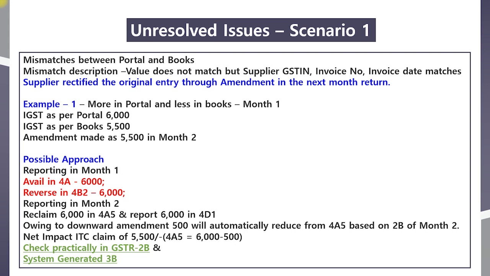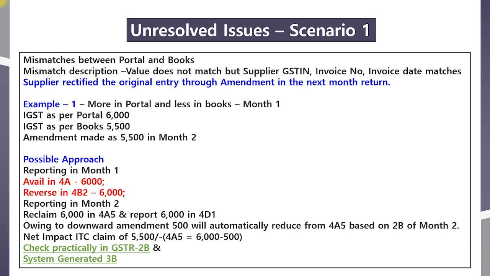However, my net ITC which should go to the electronic credit ledger is 5,500. But since the 2B will automatically reduce this 500 when travelling to table 4A, I have to reclaim the entire thing. This is how we are going to think, owing to the auto-population.